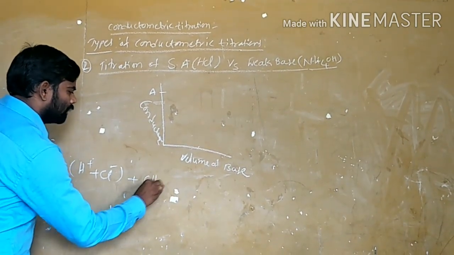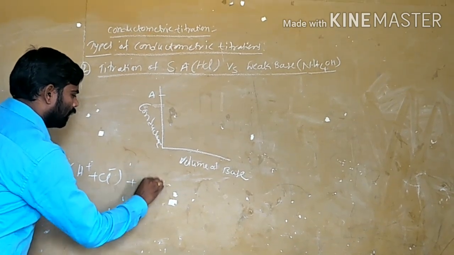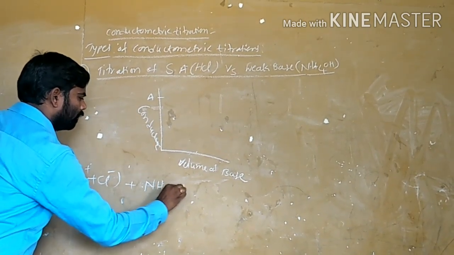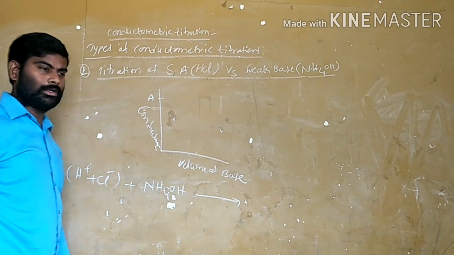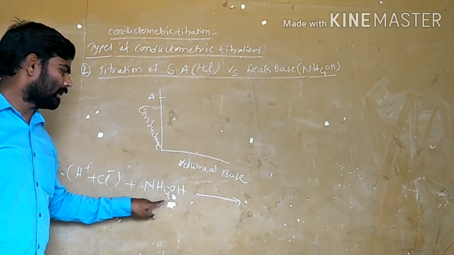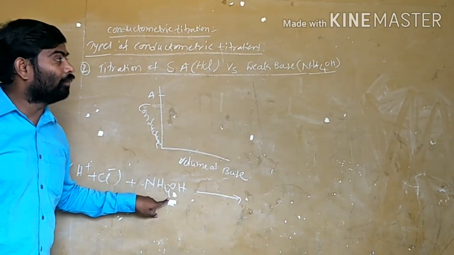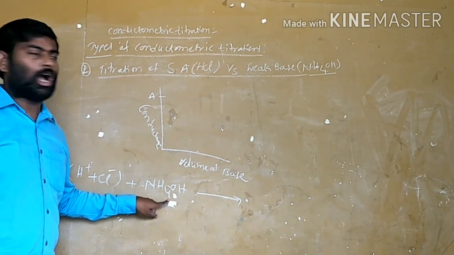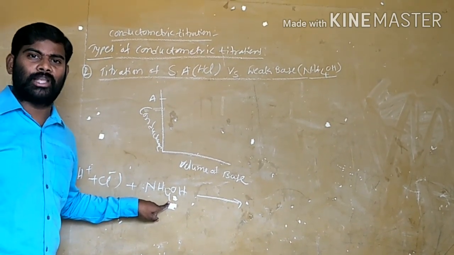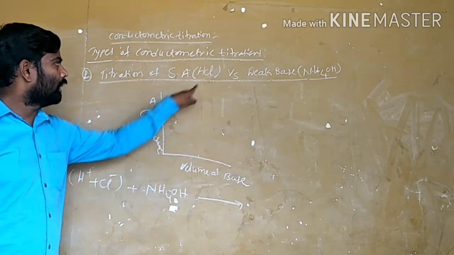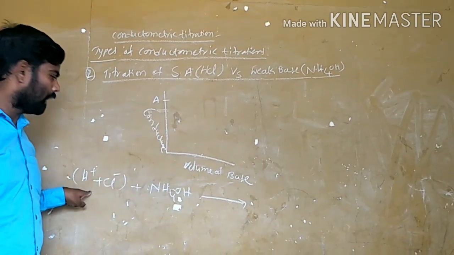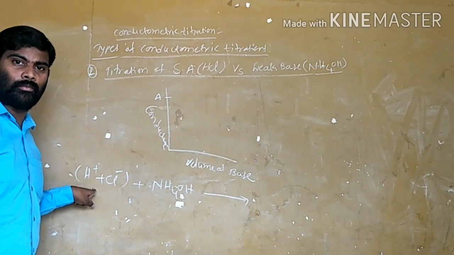Ammonium hydroxide we are adding here. Why did I write this ammonium hydroxide in this form? Because weak bases or weak electrolytes are partially ionized. Strong electrolytes or strong acids are completely ionized. That's why I wrote it in the ion form.